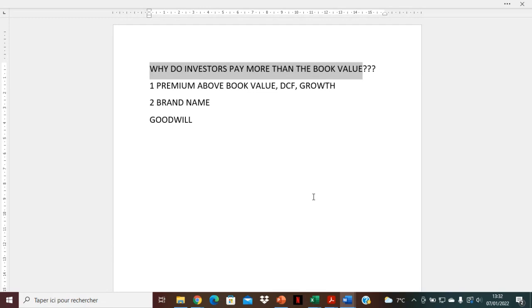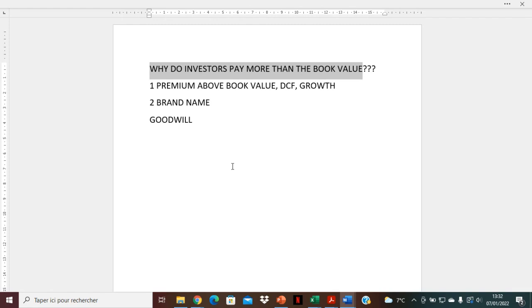So internally generated brand names, they are not in the balance sheet. Brand names come only in the balance sheet if I purchase them. So if I'm the buyer of another company and I pay money for this other company, and I pay money for the brand name of this other company, then obviously the brand name is a purchased brand name, and I would need to account for this in my balance sheet because I buy it.